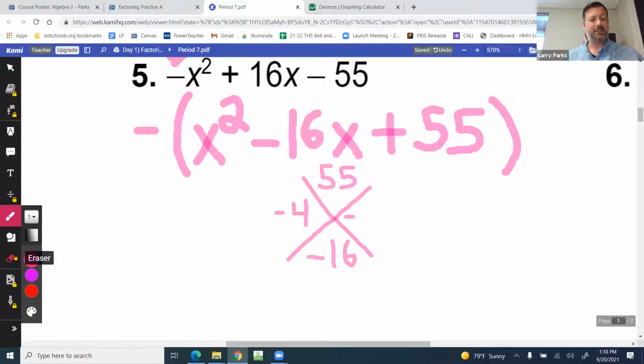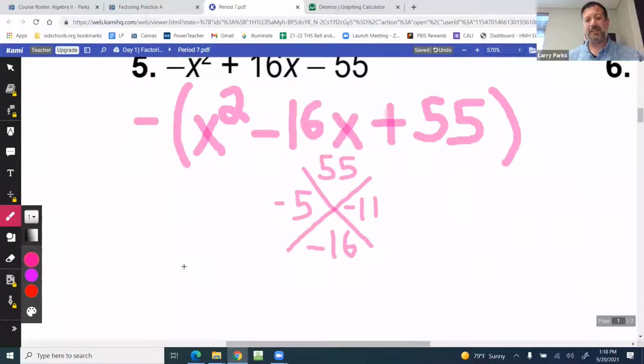That does not work. So this is one of those things that if you're good with your multiplication tables, it becomes much easier. Like, let's try 5. I know that -5 times -11 is plus 55. But if I add those, I get -16. So those are my special numbers, -5 and -11.